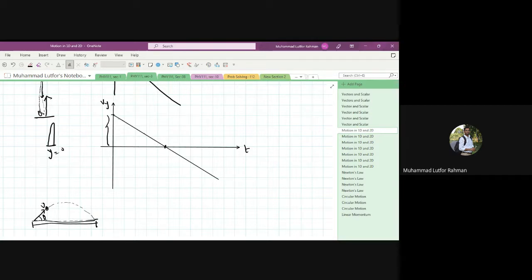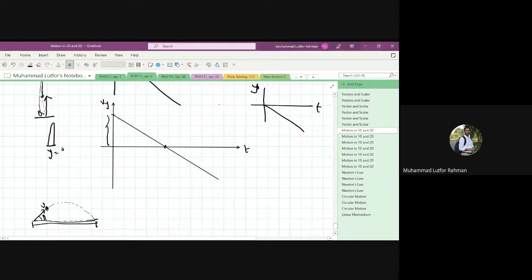Yes, sir. And in the case, if you just drop something, the displacement versus time graph would be in that way. Say this is your displacement, this is your time, this would be the displacement versus time graph. It should be y, I'm sorry, it's not x. In that case, with respect to time, the displacement is increasing, but in the negative direction, right?